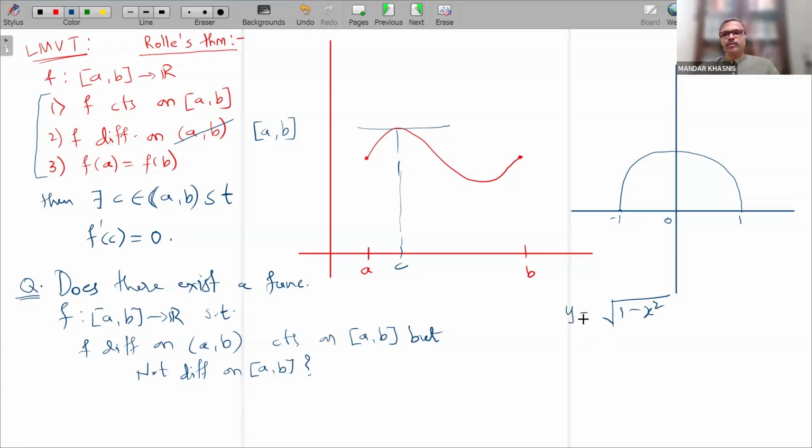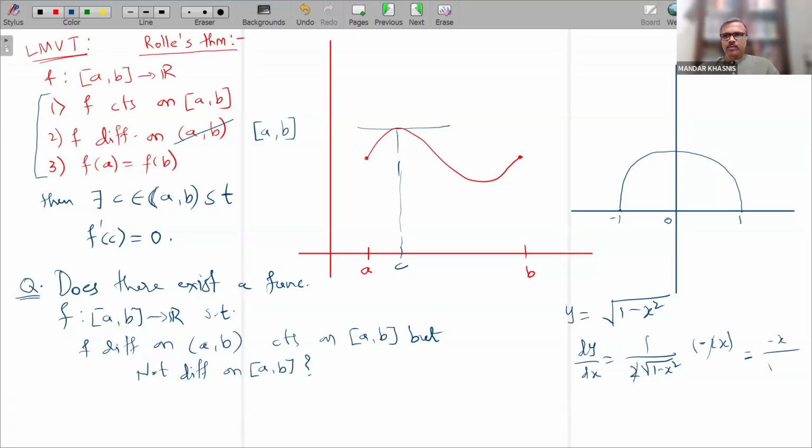Let me use the old 12th standard notation: dy by dx equals, by using chain rule, 1 by 2 into square root 1 minus x square into the derivative of 1 minus x square, that is minus 2x. The 2 gets cancelled, leaving minus x upon square root 1 minus x square.